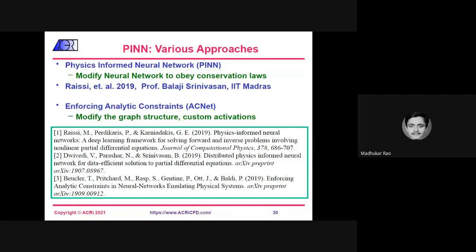So basically inverse problems in the sense that, say, suppose some property is not known. For example, the viscosity of your fluid is not known with good accuracy. So you put the viscosity also as an unknown parameter into your neural network, and it finds its way into the loss function, and the loss function is minimized with respect to not only the input variables but also the parameters of your governing equation like viscosity or any unknown source terms and so on.